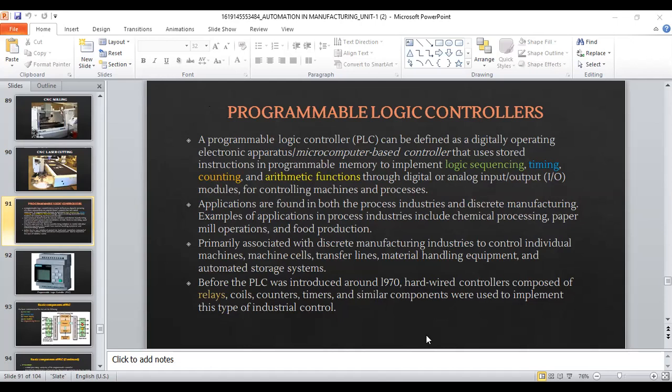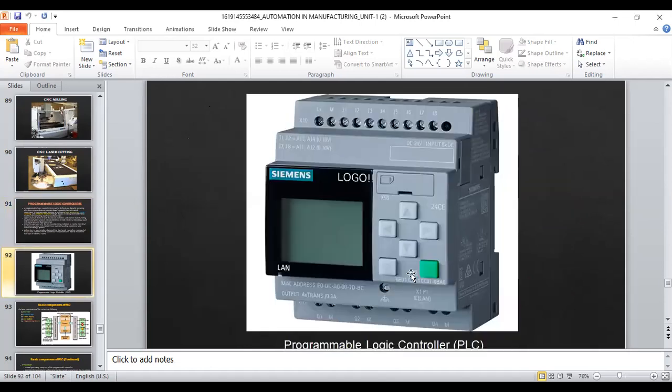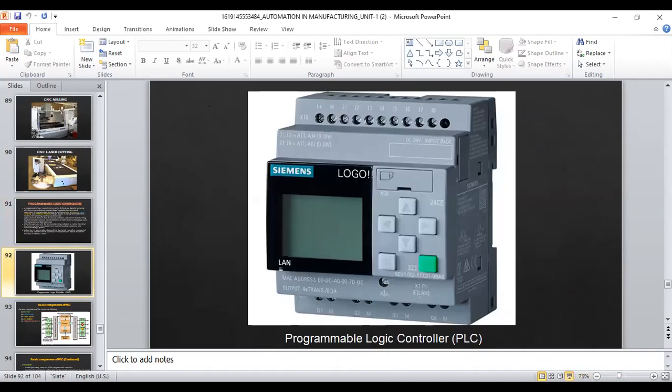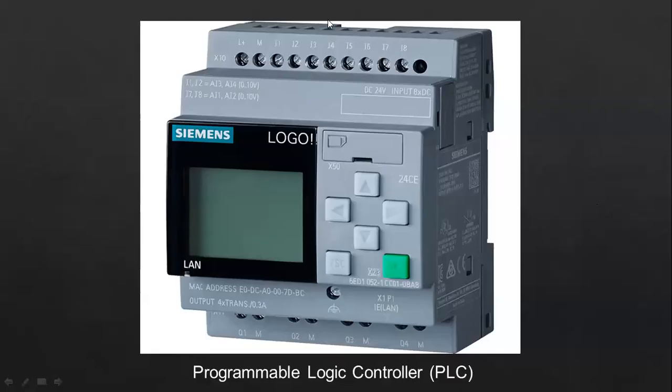So that was about the introduction to PLC, and this is how that PLC looks. Okay, this is how a standard PLC looks, manufactured by Siemens. That's a major company that manufactures PLCs.